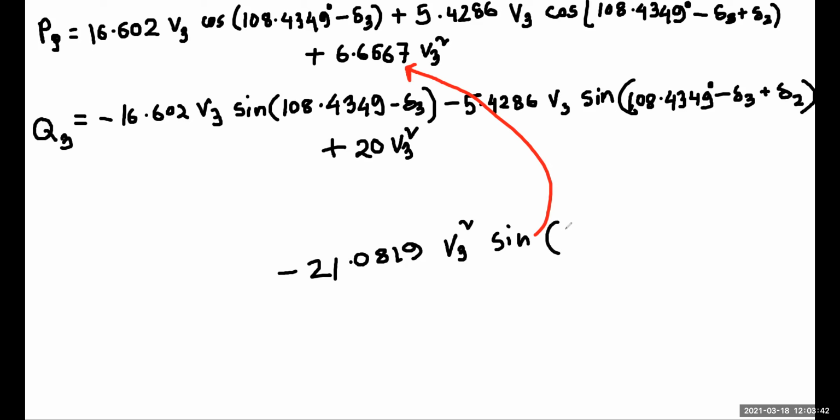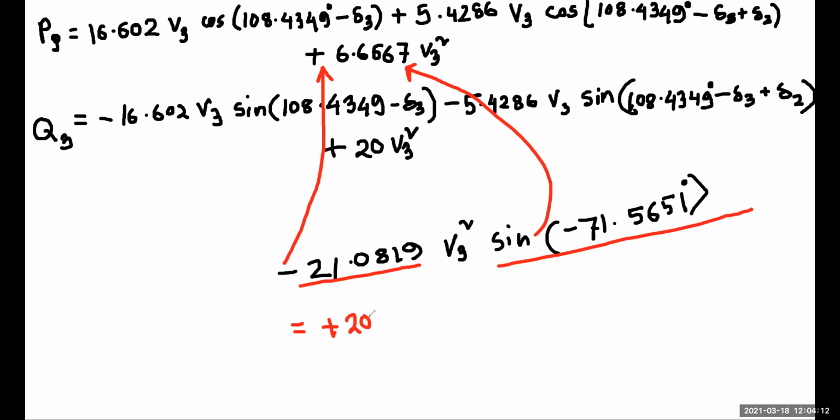Sine minus 71.5651 degree. So previously it was plus. For that case, it was plus, and it was cos, for P3. But for Q3, it should be minus and it should be sine. So if I put this in the calculator, it gives me plus 20, because there is a minus in front of it, and it will produce another minus. So minus minus becomes plus. It's 20, and you have one V3 square.